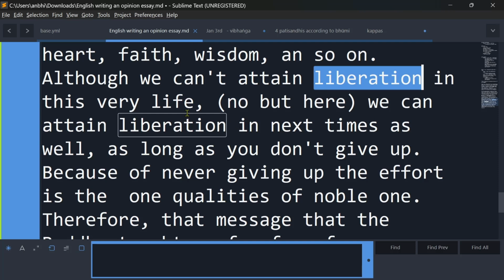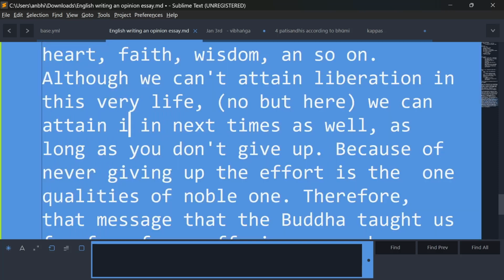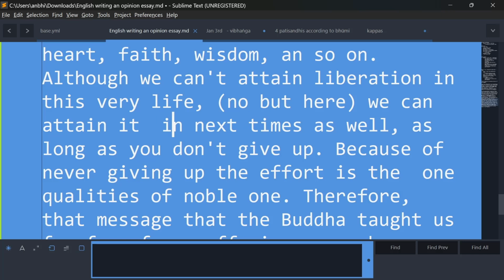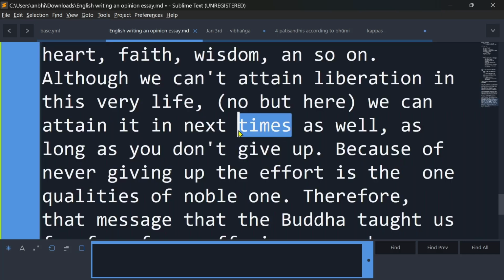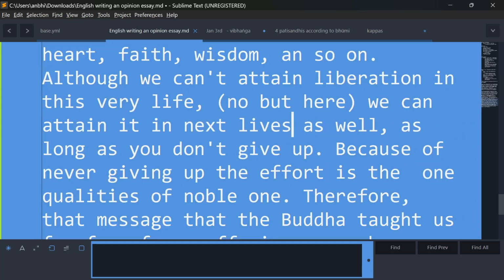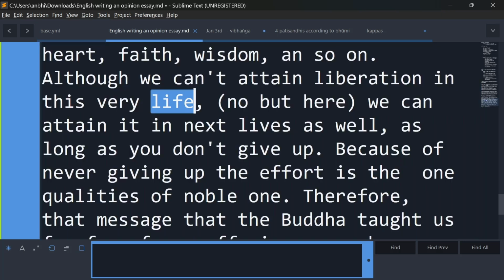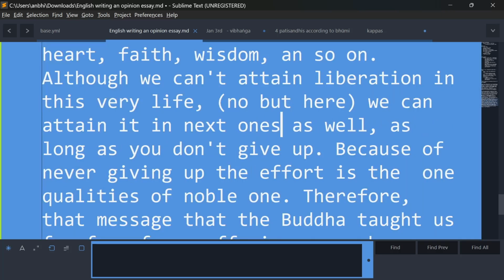Don't repeat it. Although we can't attain liberation in this very life, we can attain it in next, not "times," in next lives. Or you could even, if you have already mentioned "life," maybe say "once in the next ones."